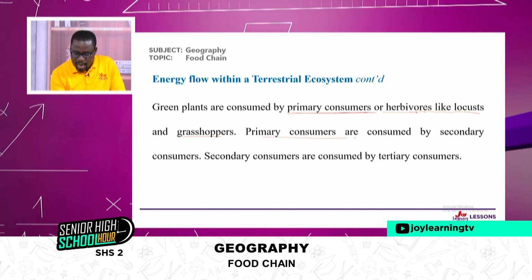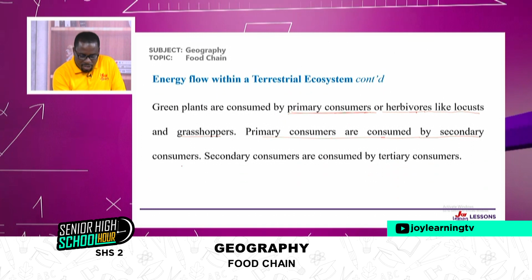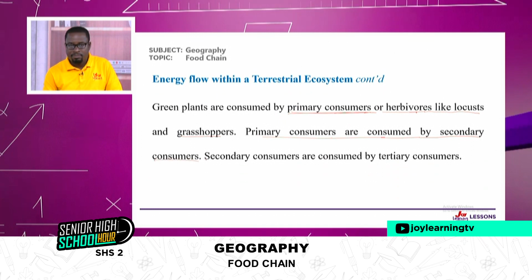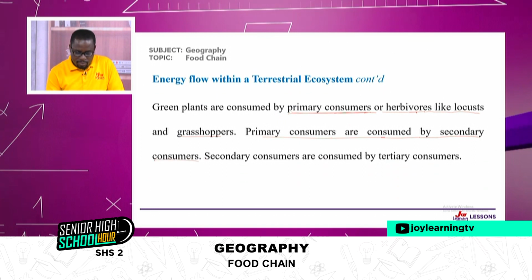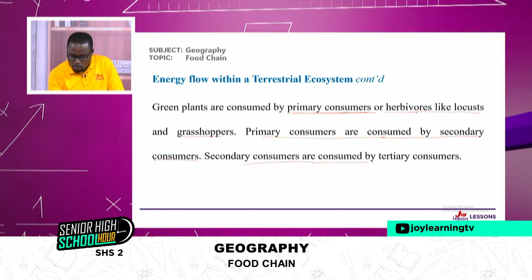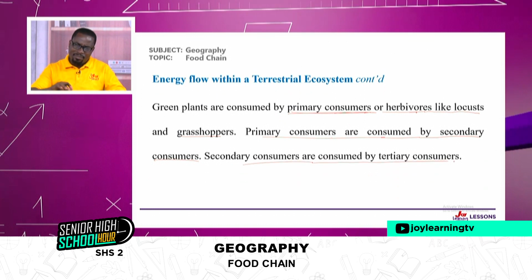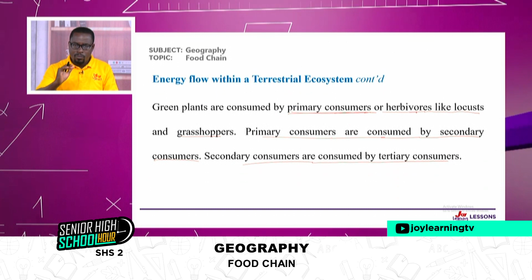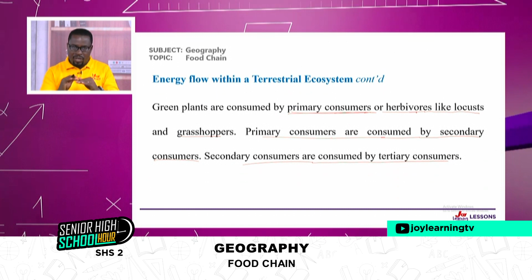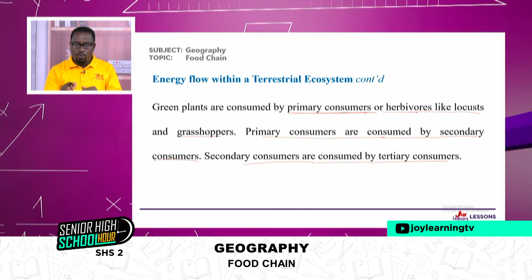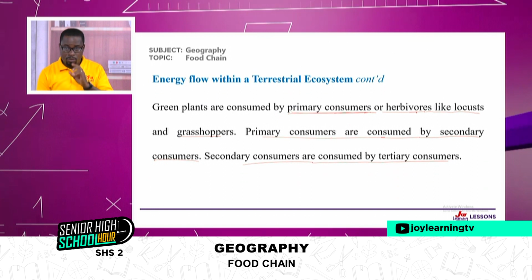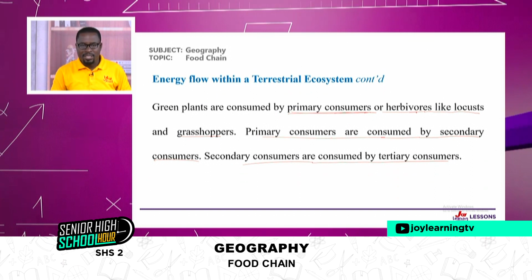Primary consumers are consumed by secondary consumers. Is that okay? And secondary consumers are also consumed by. So you see that chain, step by step. So we have different trophic levels. Although we've not gotten to trophic levels, when we get there, you will have a deeper understanding of it.